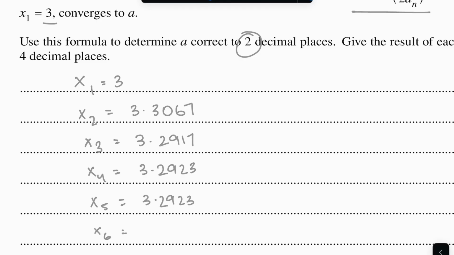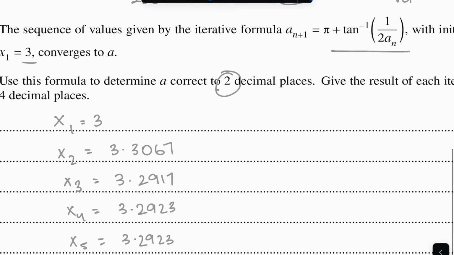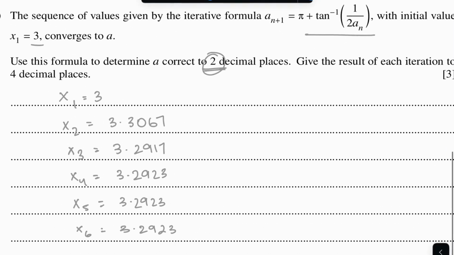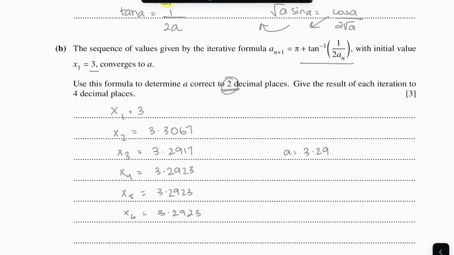And just once again, our sixth value will be 3.2923. So correct to 2 decimal places, we can conclude that our answer for a is 3.29. So very easy marks, just one mistake, you could not have your calculator in radian setting, and that would just cost you it. Besides that, very simple.